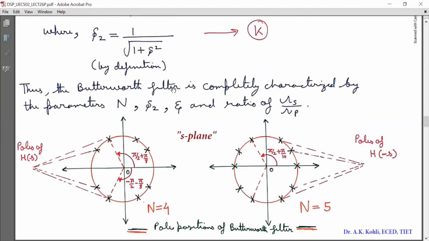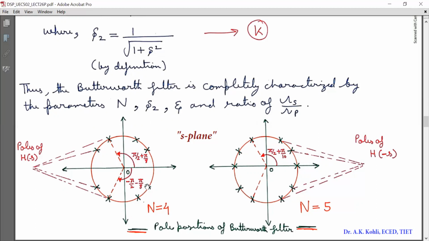Now we will plot the pole zero diagram for Butterworth filter. Here the pole positions of Butterworth filter in S-plane are as shown. Now I will discuss two cases for N even and N odd. In case of N even, I will choose capital N is equal to 4, and for N odd, I will choose capital N is equal to 5.